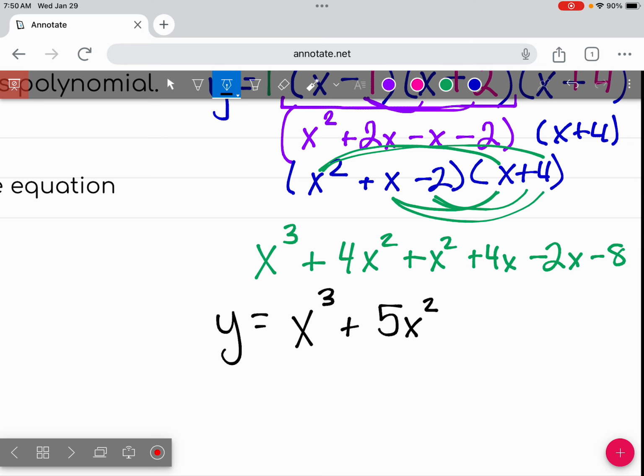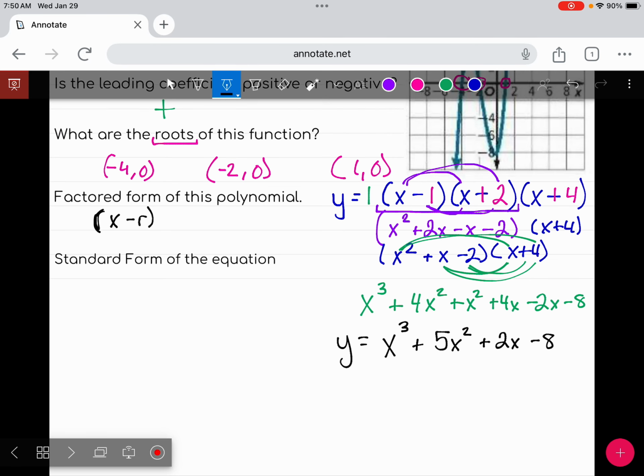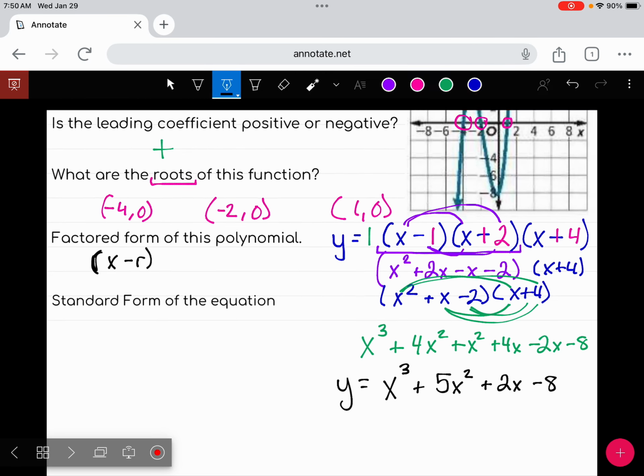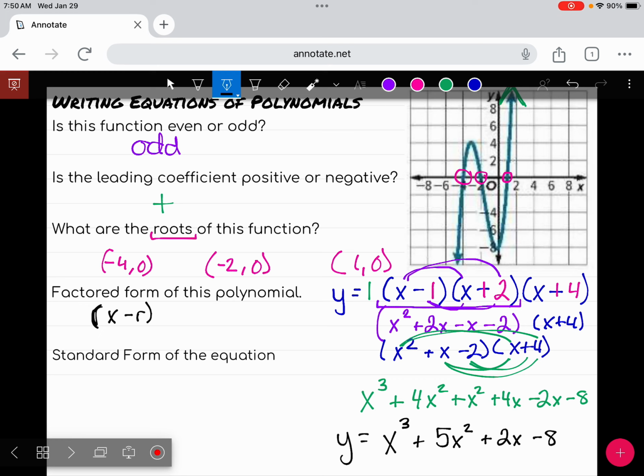Our 4x minus 2x gives us plus 2x minus 8. Okay, so this is our standard form.